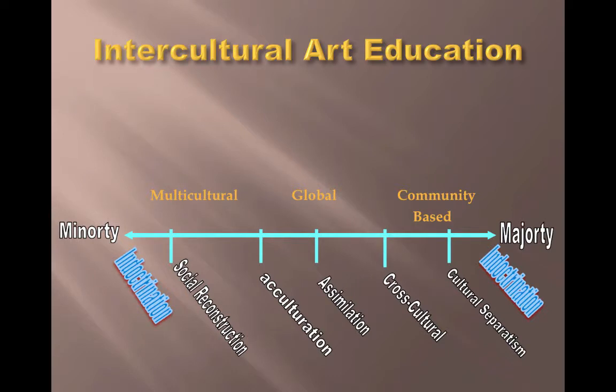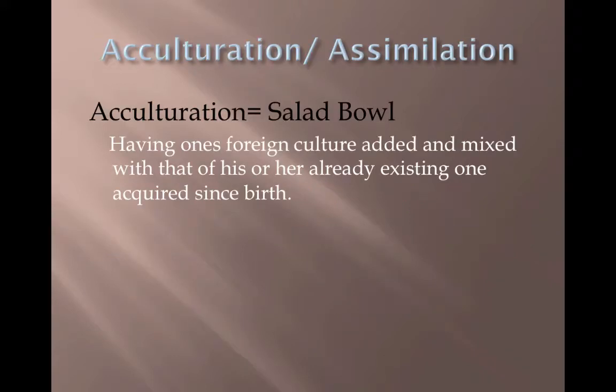So again, on our continuum, we've moved to global education, which is in the middle, and now we're trying to separate assimilation and acculturation. And what does that mean? So acculturation, you could see it metaphorically as a salad bowl: having one's foreign culture added and mixed with that of his or her already existing one acquired since birth.